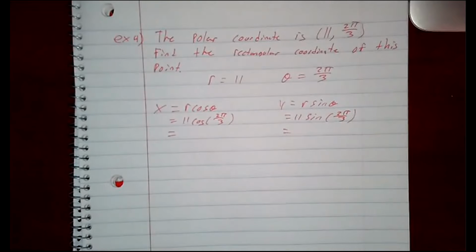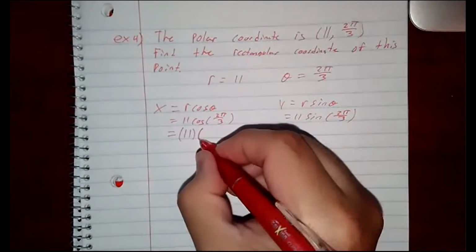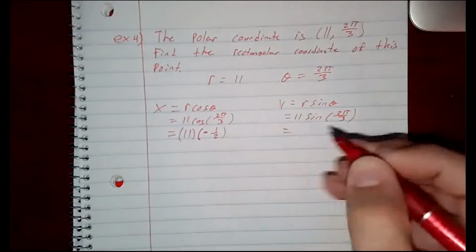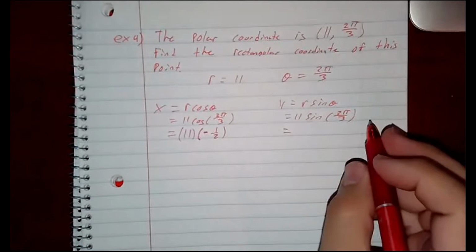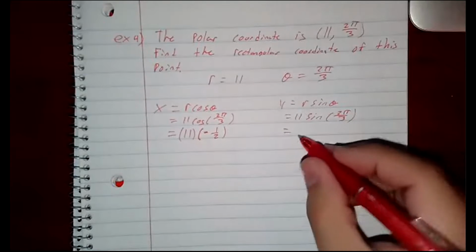Cosine of 2 pi thirds, that's going to be what? The negative half? Sine of 2 pi thirds will be square root 3 over 2.